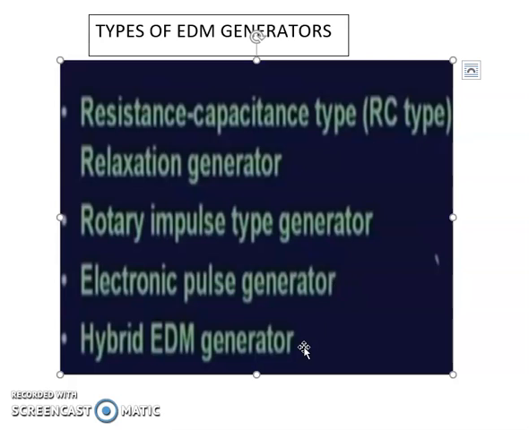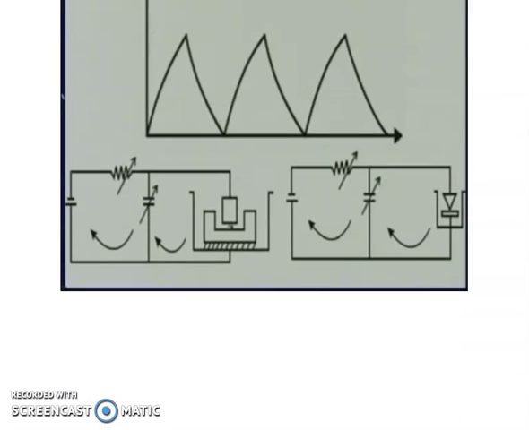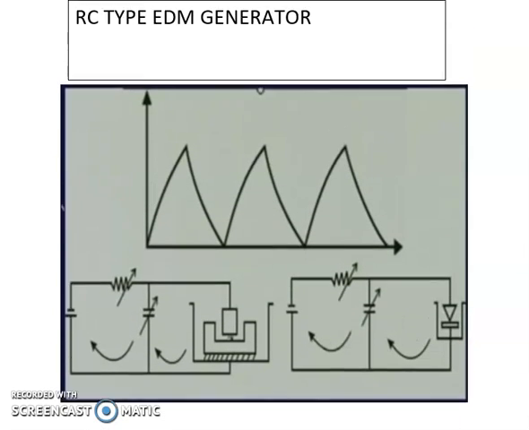The function of all these generators is to modify the input electrical waveform and obtain a modified output electrical waveform, so that we can obtain the on and off of the voltage or the current, and thereby the on time and off time. Let us discuss the most common type of generator, the RC relaxation type generator.